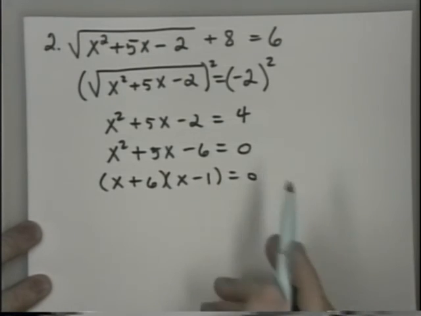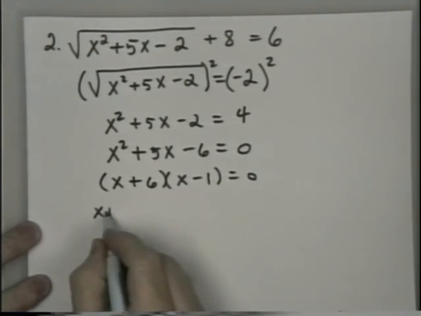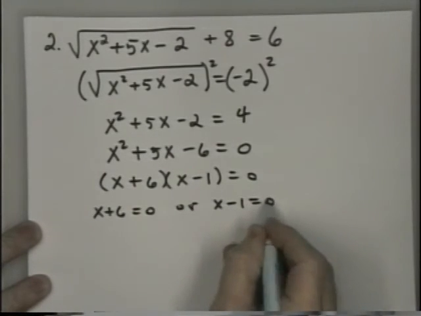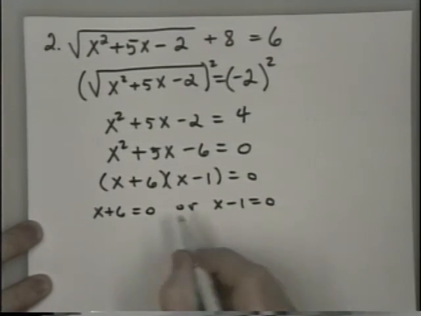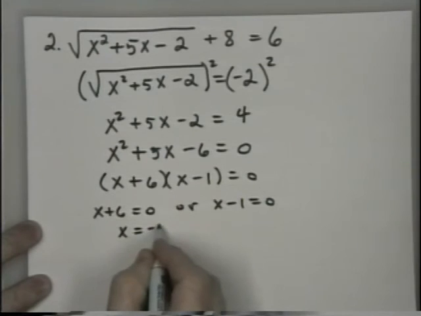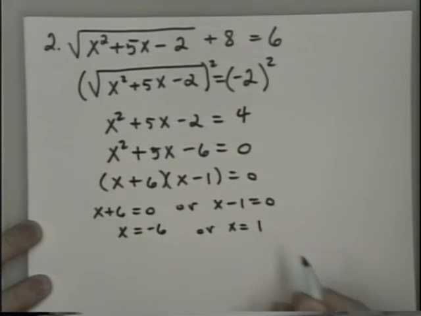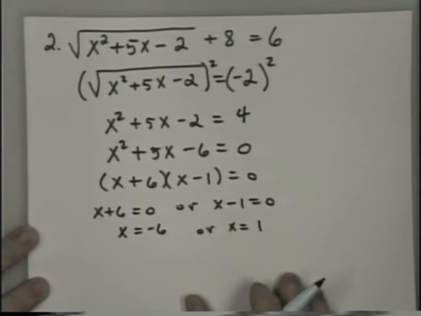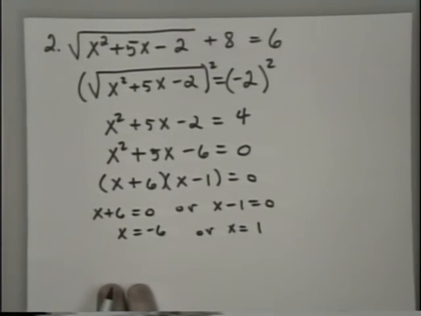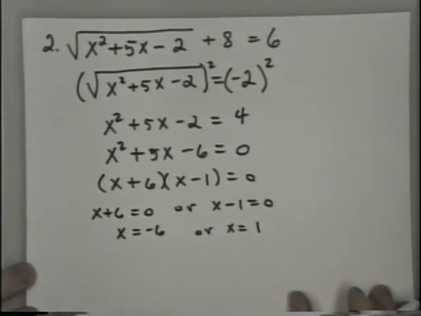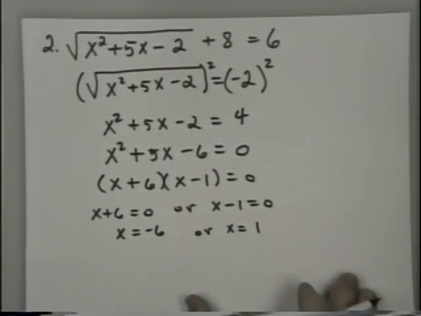And so we've got a product equal to 0, so either that factor is 0 or the other is 0. Solve for x equals negative 6, or x equals positive 1. Maybe. So let's check.